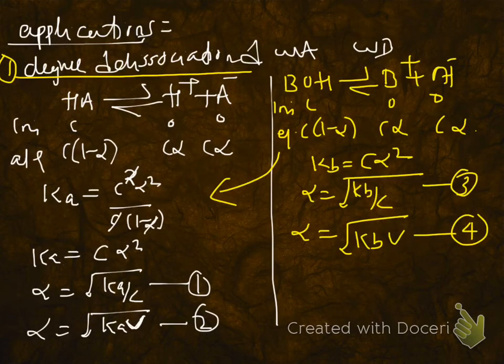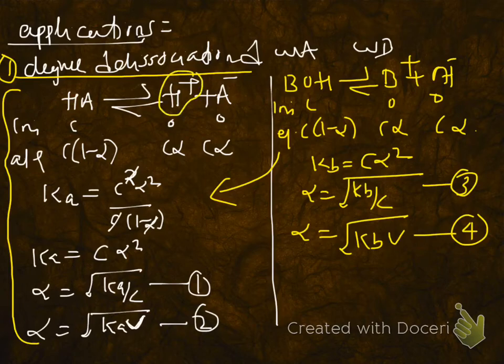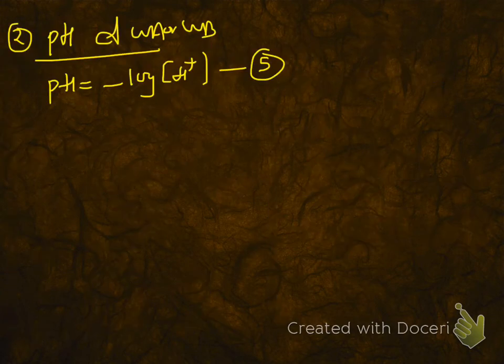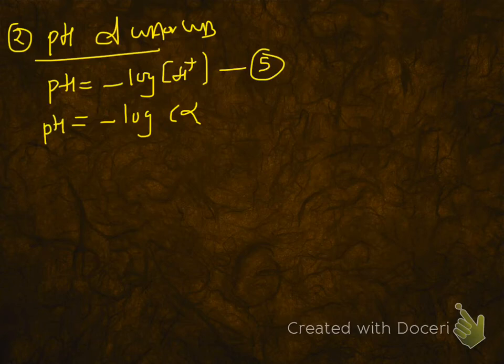Coming to the previous slide, in this derivation we can see that at equilibrium the concentration of H plus is C alpha. So instead of H plus, we write negative logarithm of C alpha. This is the equation for calculating pH of weak acid if the concentration and degree of dissociation are known. This log is base 10.